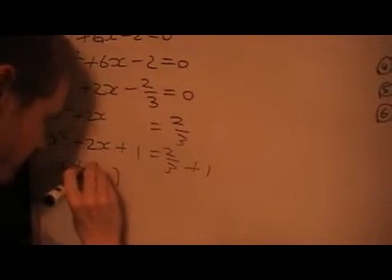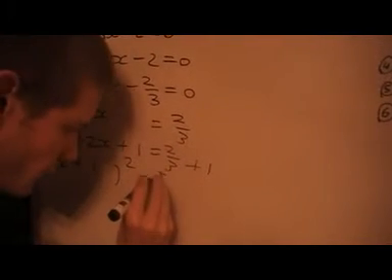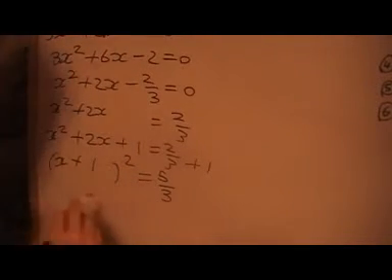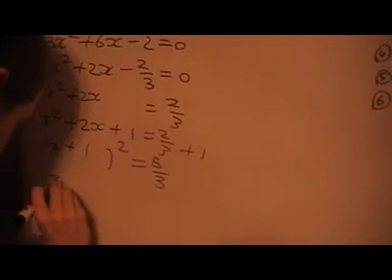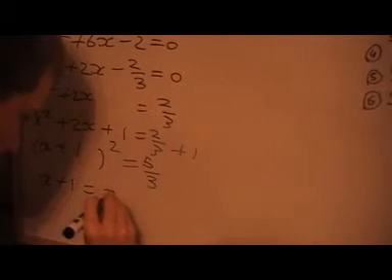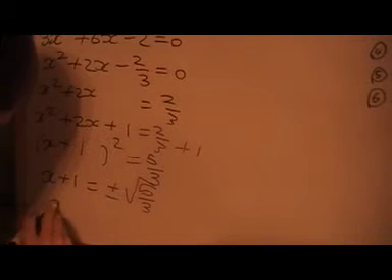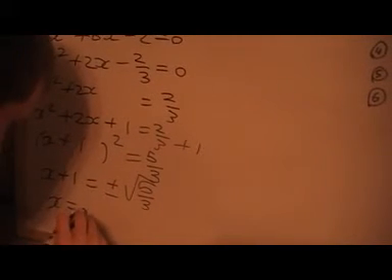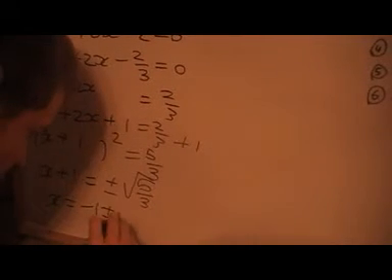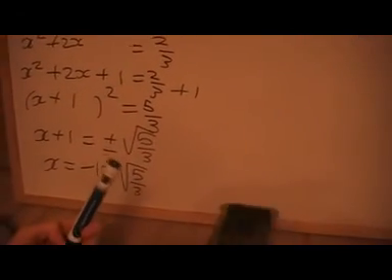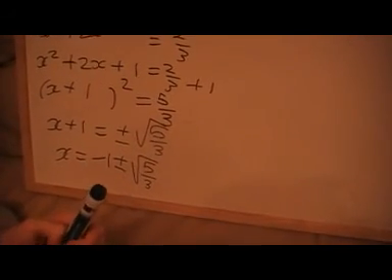Factor. Square root both sides. And subtract 1. So then I get minus 1 plus or minus square root 5 over 3. And that's going to be my solution for that problem. And that's how we complete the square.